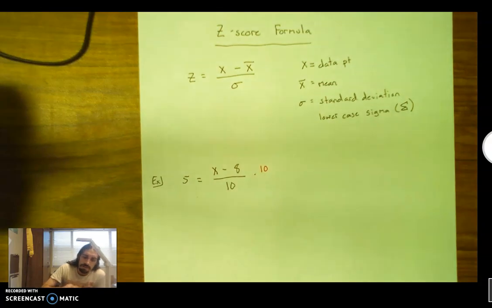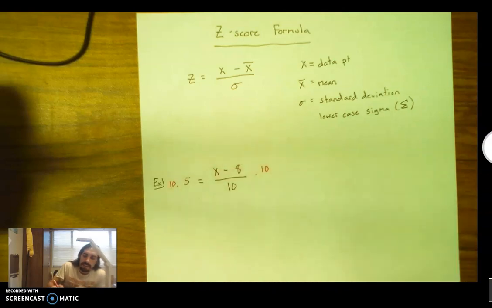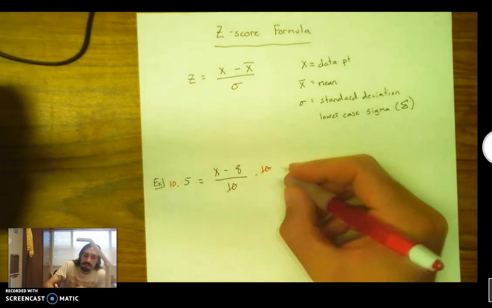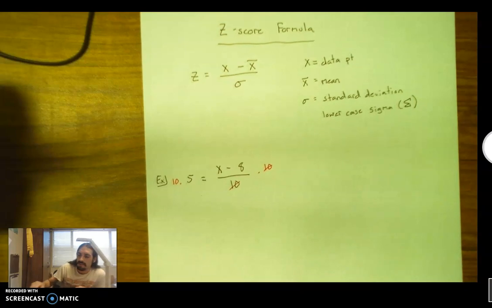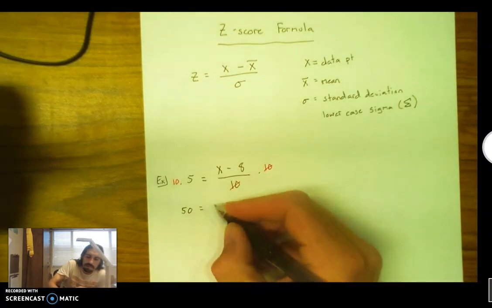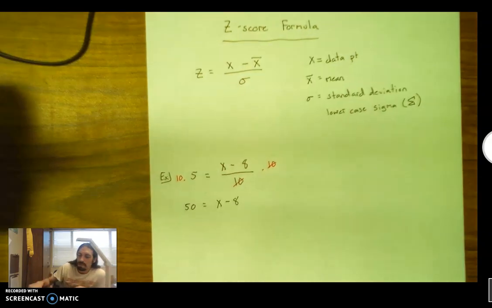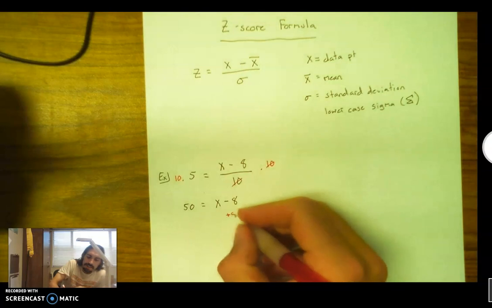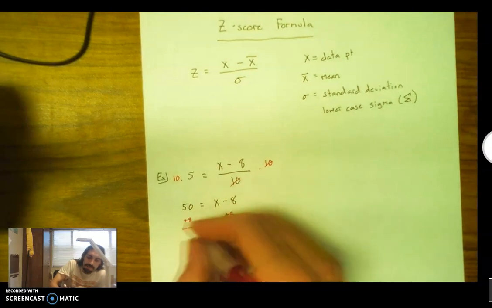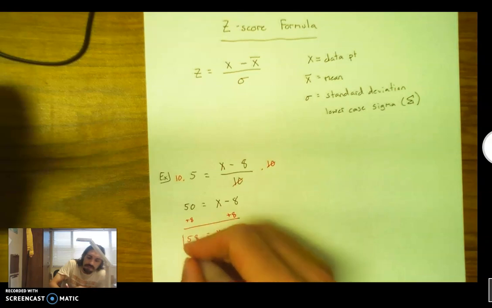But again, whatever you do to one side, you have to do to the other and cancel that out. So the 10 on top and on bottom cancel out right there. The 10 times 5 would give me 50 is equal to x minus 8. In which case, this wouldn't be too hard to figure out because you add 8 to the other side. And your final answer is going to be x is equal to 58.